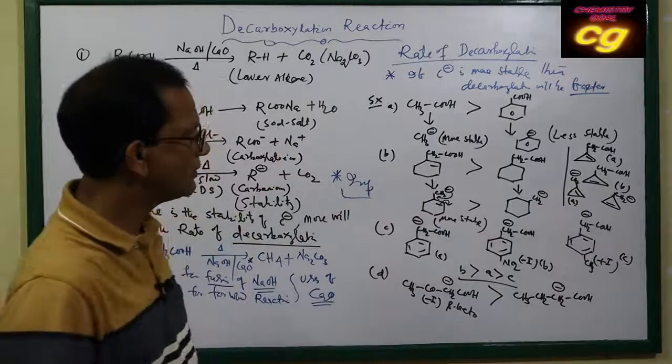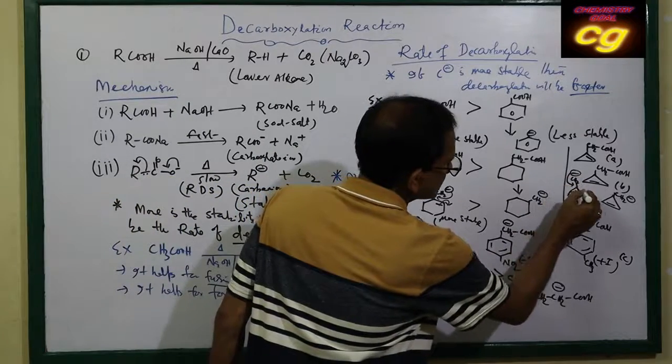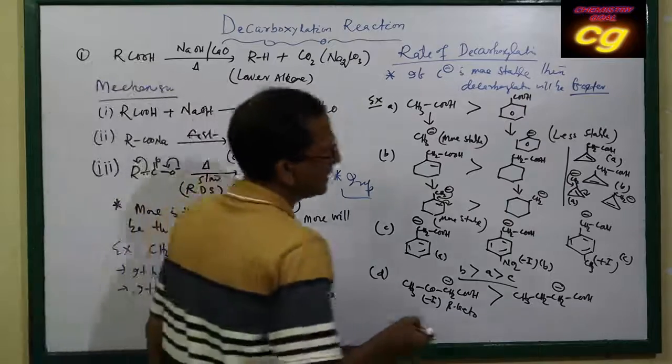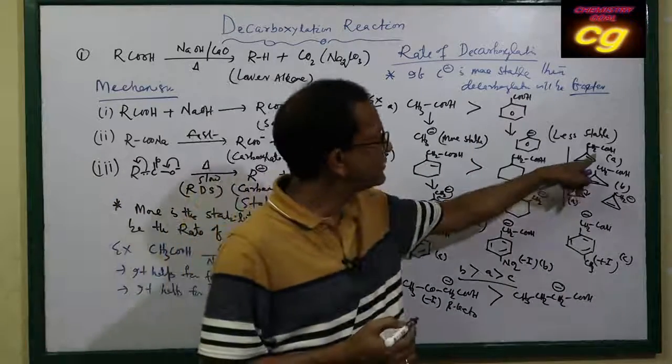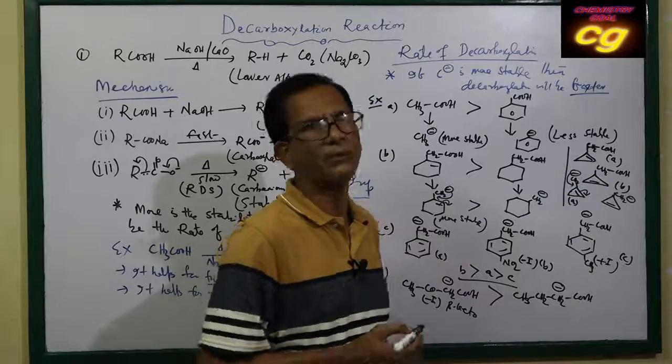But here, if you see this, it will be stabilized by resonance, and here stabilization is not possible. That's why A is faster for decarboxylation compared to the second, B.